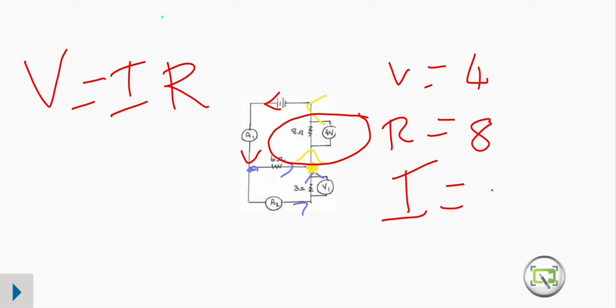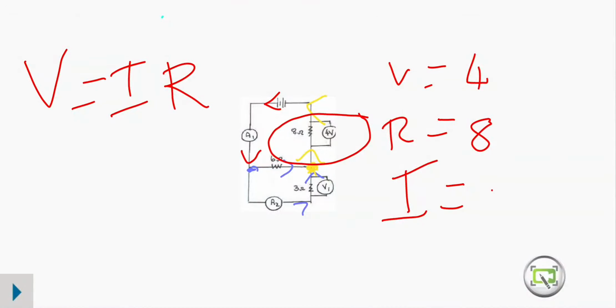And we then know that we need to use Ohm's law. Please also note that a voltmeter is always connected across, in other words in parallel with, a resistor. It's never in series, only an ammeter is in series. And a voltmeter measures the potential difference in volts, whereas an ammeter measures the current.